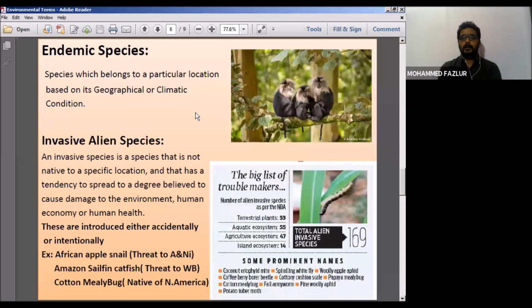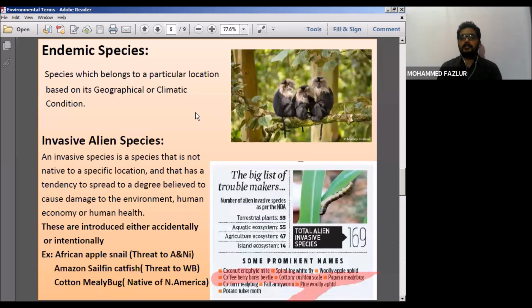Accidentally means ships which travel from one continent to another might carry certain water beneath them to maintain stability. This water might carry certain plant and animal species, and when the ship reaches the coast of another continent or country, it will release that water, and these species which were carried from the other continent or country will be released in the new location.